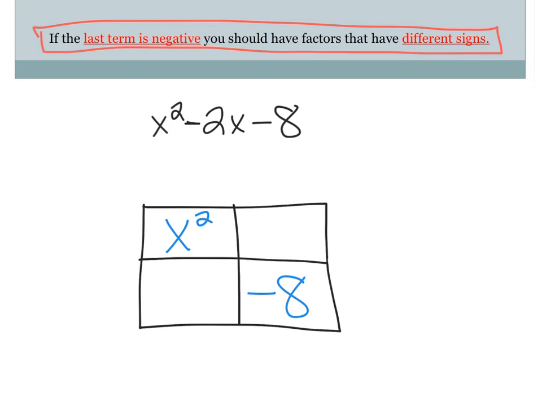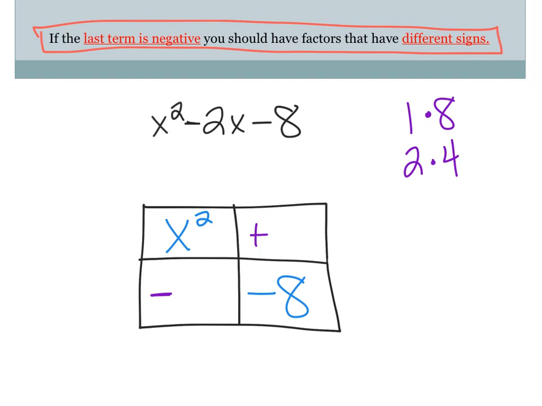Okay, so I know I'm going to have a positive something and a negative something. Okay, and this is where factors of 8 come in. We know that 8 was positive 1 times 8, positive 2 times 4. When I multiply these things together, we get a positive 8.